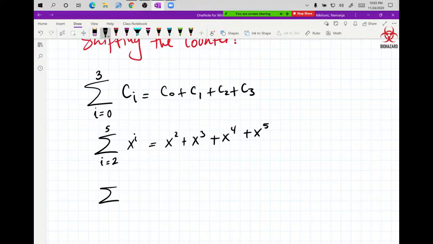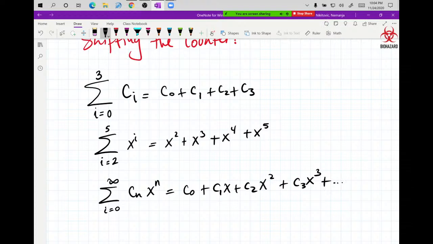But then you have the summation where n goes from 0 to infinity, and then you have your Cn x to the n, which becomes C0 plus C1x plus C2x squared plus C3x cubed plus ... and this going to infinity, infinitely many terms. It's an infinite polynomial.